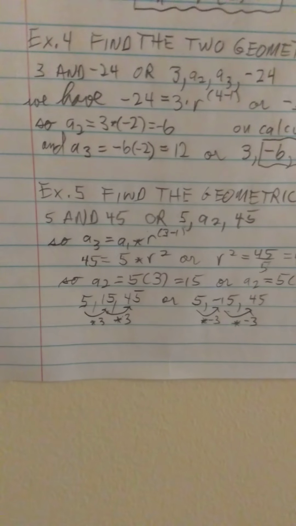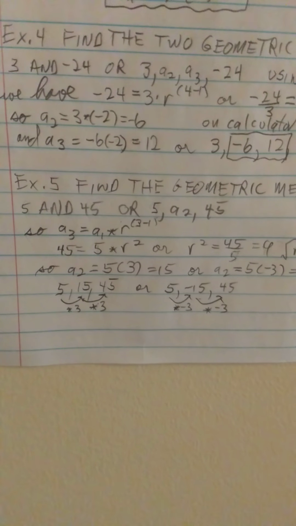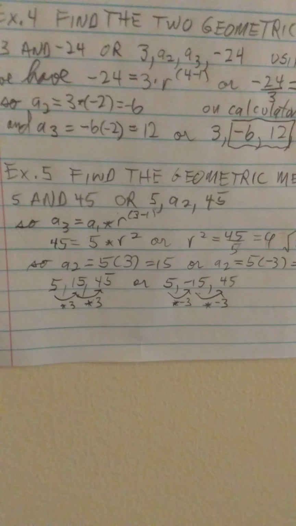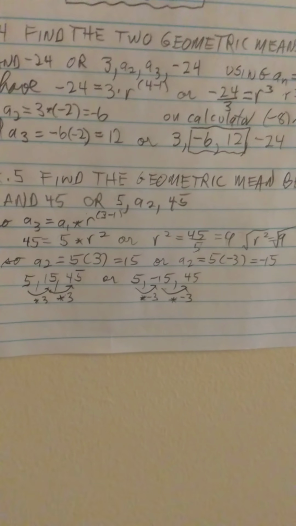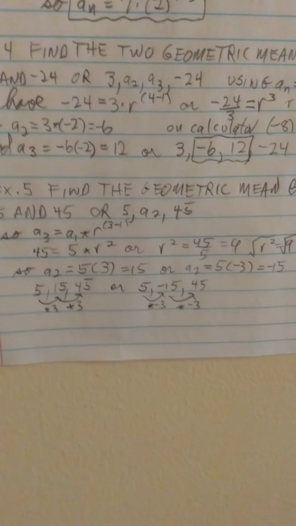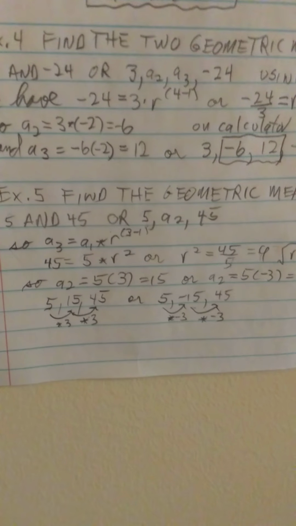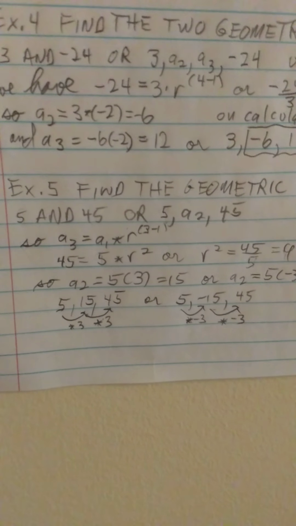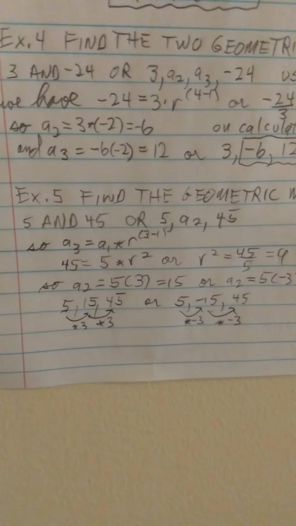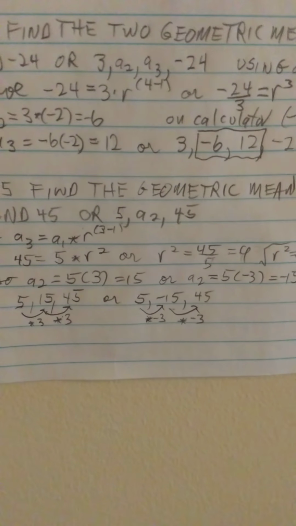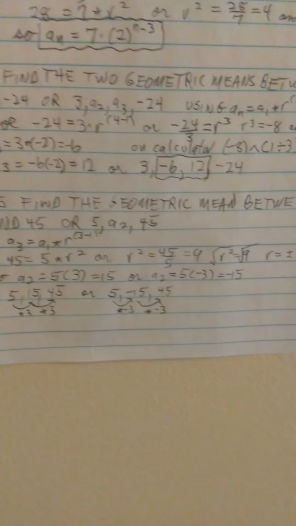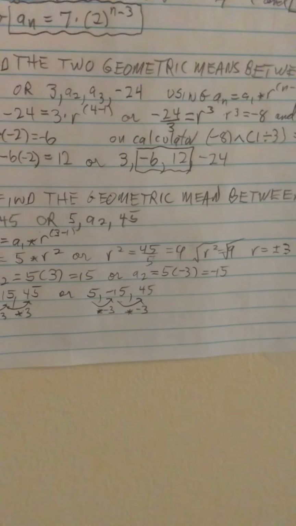Now example 5, just find one geometric mean between 5 and 45, or find a2 where we have 5, a2, 45. Now we have a3 and a1, so using our formula, a3 is equal to a1 times r to the 3 minus 1, and plugging in, 45 equals 5 times r squared, or dividing by 5, r squared equals 45 over 5 equals 9.